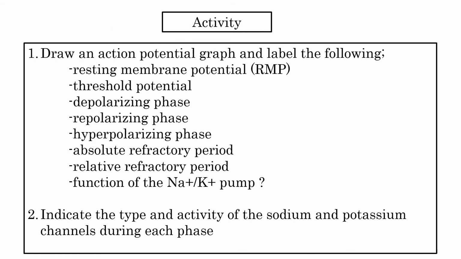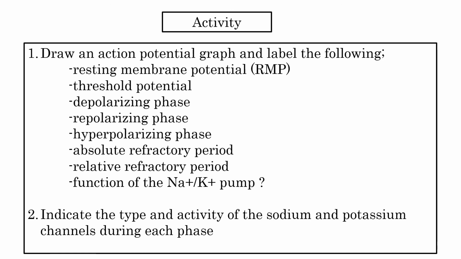All right, just an activity to help you reinforce your learning of the action potential. Get a piece of paper, draw out a graph of the action potential, and label the resting membrane potential. You should know the number, so it needs to be negative 70 millivolts. Threshold potential is negative 55 millivolts.